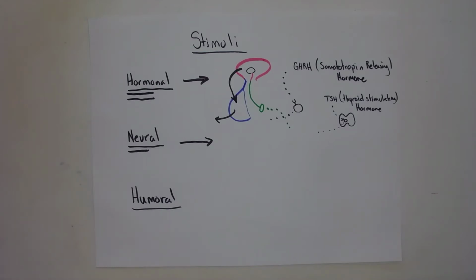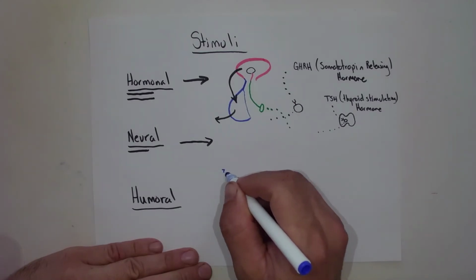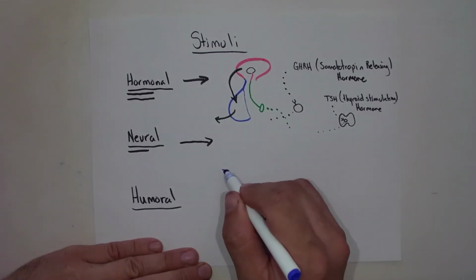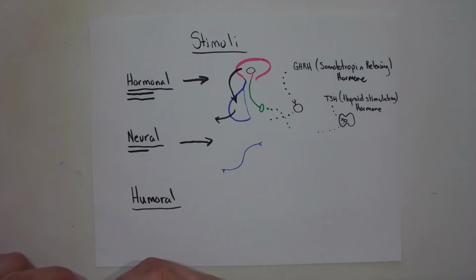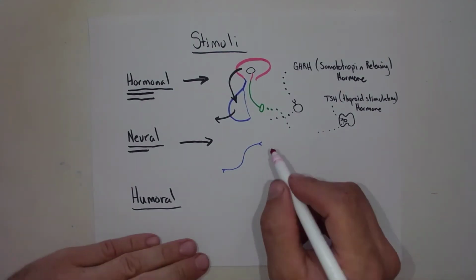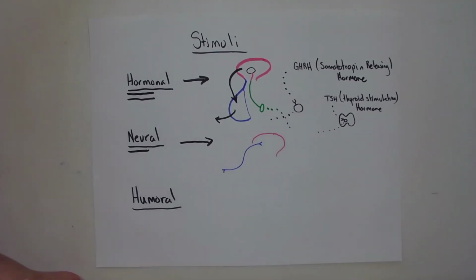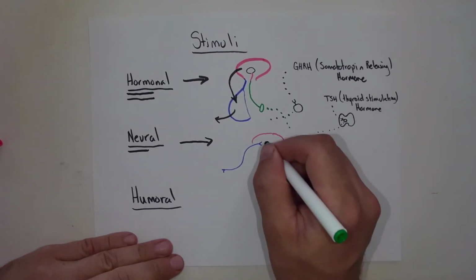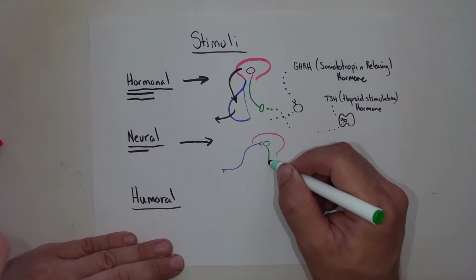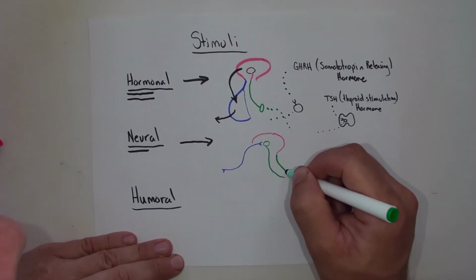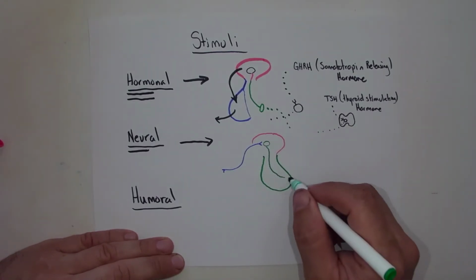We have an afferent neuron, some kind of sensory receptor, in either the breast tissue or the uterus that comes up to the hypothalamus and synapses on cells of the hypothalamus, causing those cells, really cells of the paraventricular nucleus, to initiate an action potential that's going to release oxytocin from this posterior pituitary.